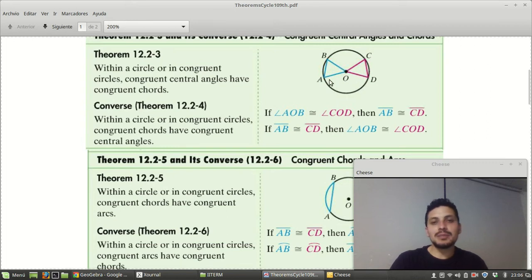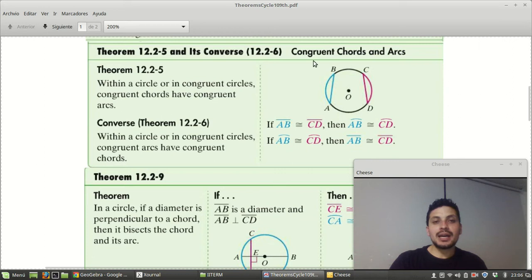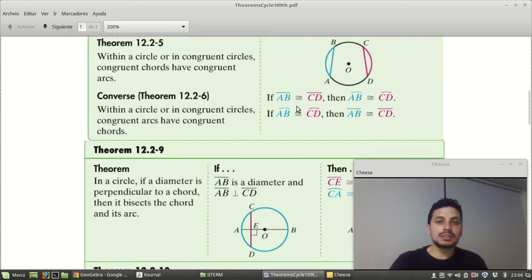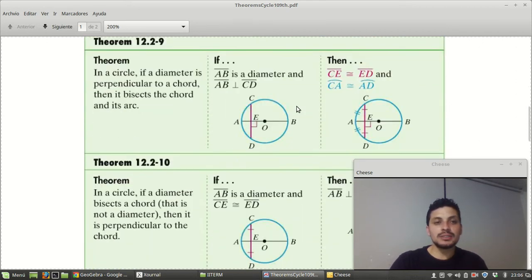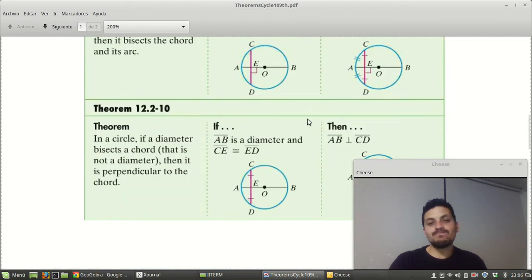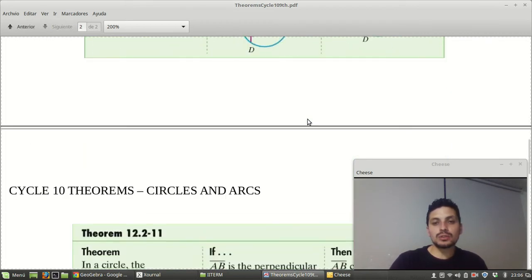I don't need that because I need inscribed angles. I have here another theorem about congruent chords and congruent arcs. I don't need this theorem because I need inscribed angles. Here I have a theorem about chords and diameters. No, again, chords and diameters.